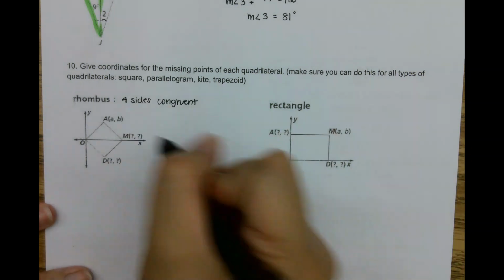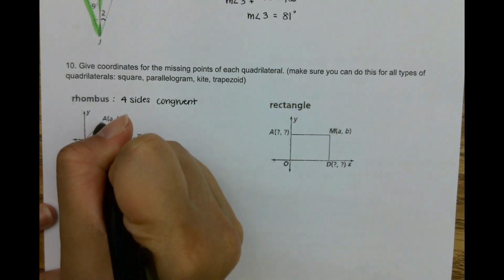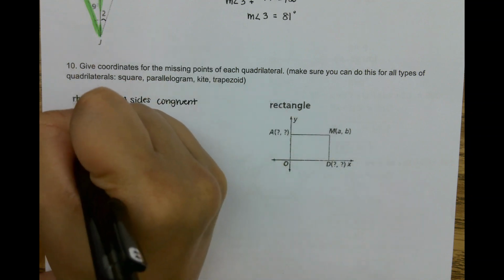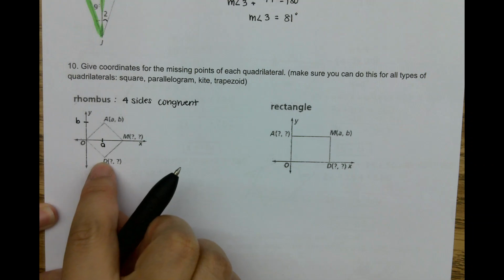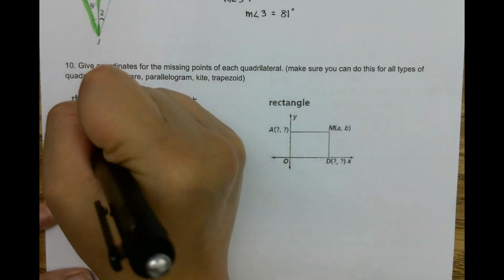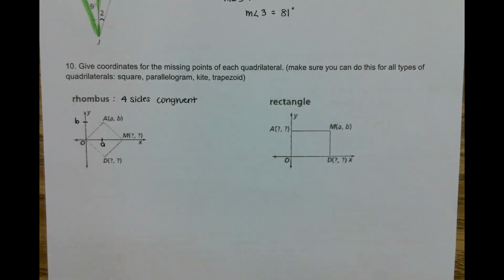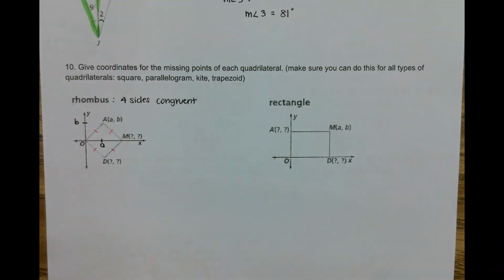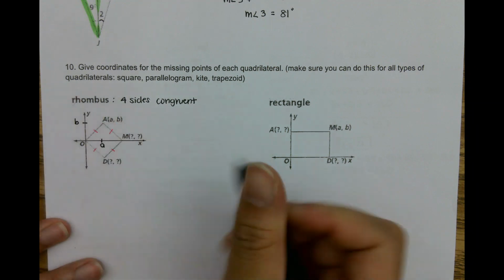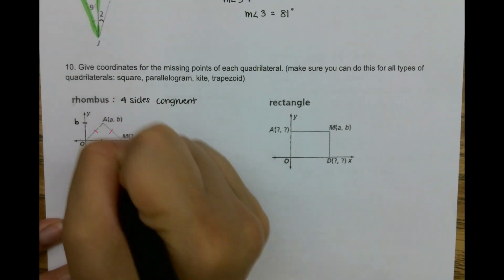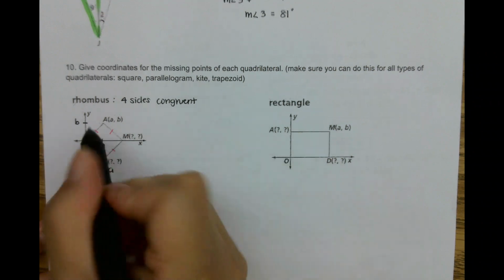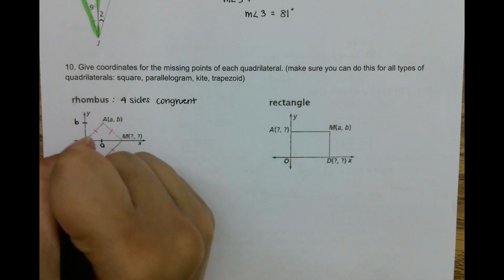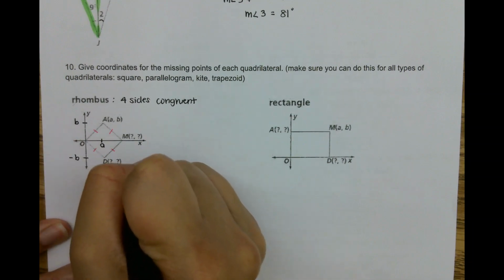So here, since this is A comma B, this here is A, and this height is B. If all 4 sides are congruent, in order for this to be a rhombus, then that means if this is A for the X, because that's at the same left and right, and this is B, that would make this negative B, comma, negative B.